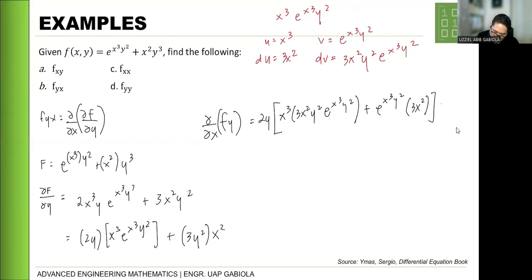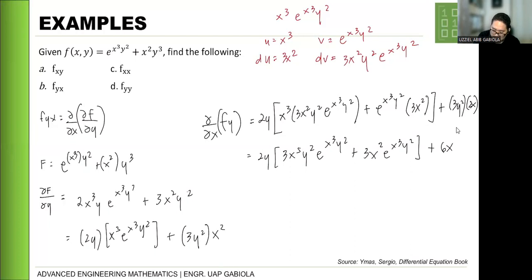Plus our last term, 3xy, this one. So that will be 3y squared times 2x. Okay? Simplify. So the inside first. So we have 3x to the fifth y squared x cubed y squared plus 3x squared x cubed y squared plus 6xy squared.